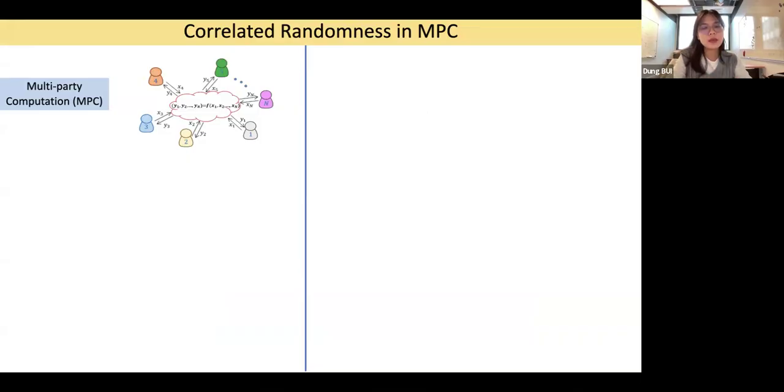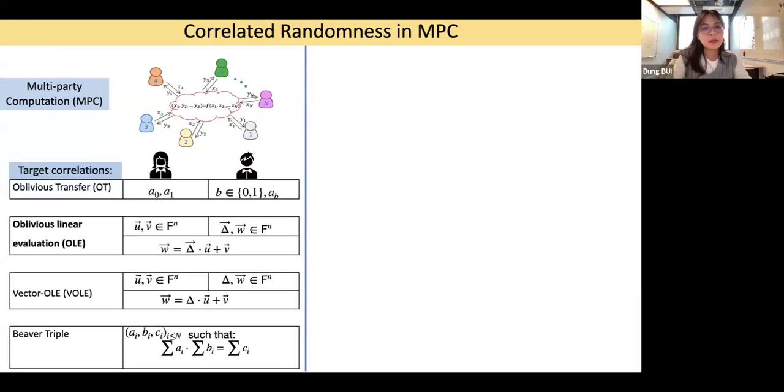MPC is a way for multiple parties to jointly compute the output of a function without revealing the private information of their inputs. In MPC, there are some common correlations that you may know. First we have oblivious transfer, we have oblivious linear evaluation, which through the talk I will call OLE. We also have vector OLE, and we have Beaver triples.